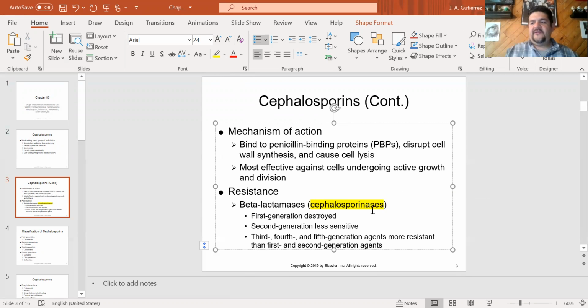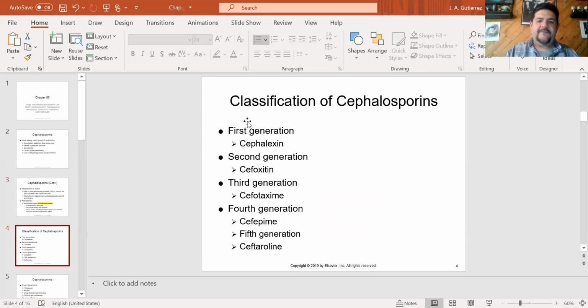Now, here, instead of having the subtypes of cephalosporins into narrow spectrum, broad spectrum, stuff like that, cephalosporins are divided in generations, as you can see right here. So we have first generation, second, third, fourth, and fifth generation. And you don't need to remember exactly the generations, only that there's 5 of them.